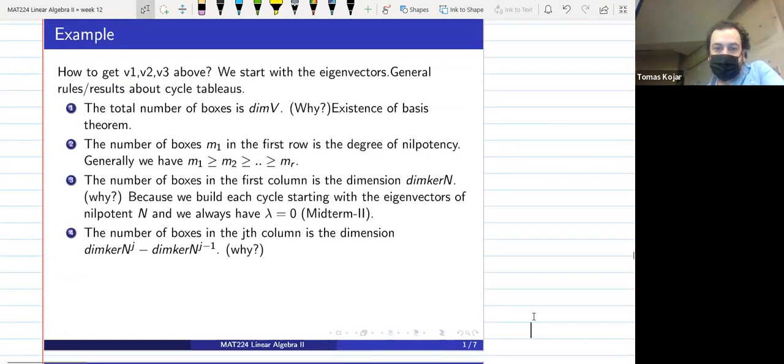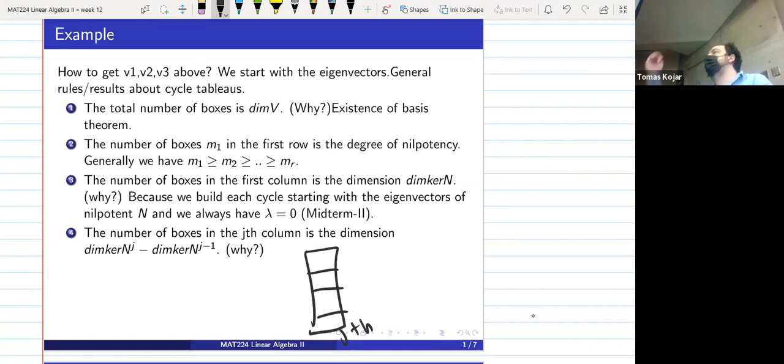Okay, here's another result. We're going to prove it now. If you look at the jth column and you want to know how many boxes there are in it, you simply compute the dimension of the kernel of n^j and the one just before it.